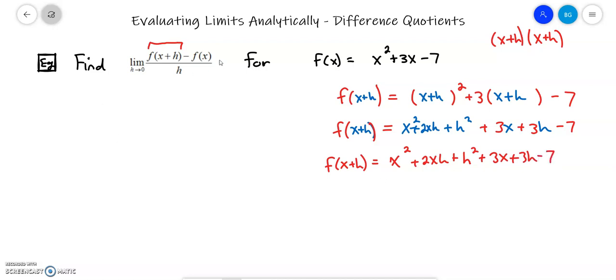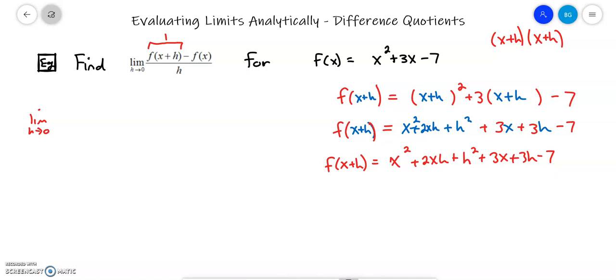When I think about this difference quotient, this is almost like a set of instructions on what to write. First, I write f of x plus h, which I just figured out. So I'm going to come off to the side just a little bit. Hopefully I can get this all on one line. The first thing I'm supposed to do is write f of x plus h.